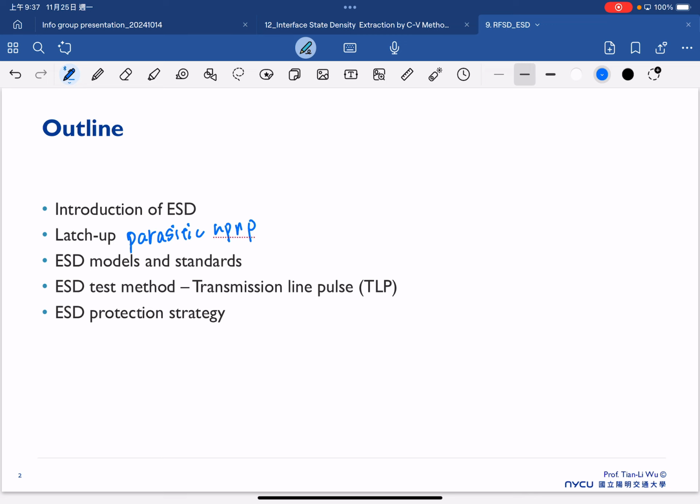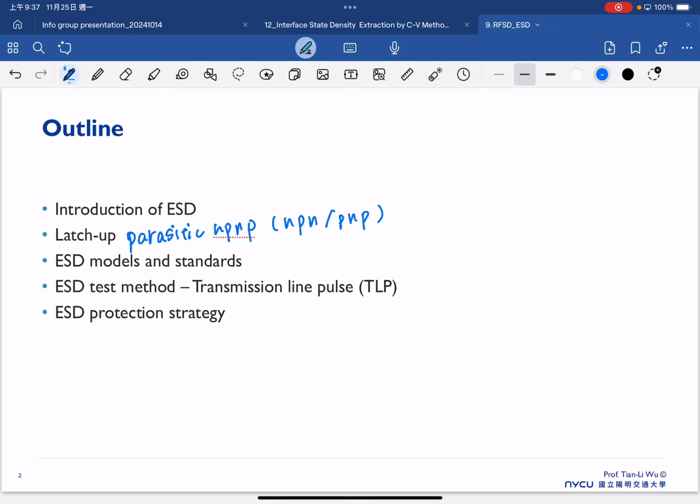in our transistor. The parasitic NPNP is a combination of the NPN junction and the PNP junction, or PNP parasitic BJT, that can exist in our typical CMOS.